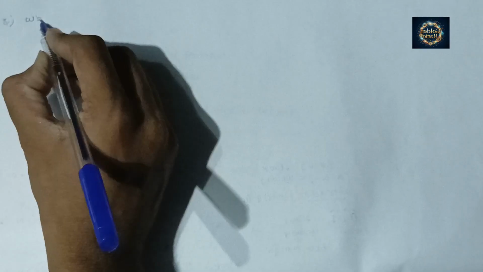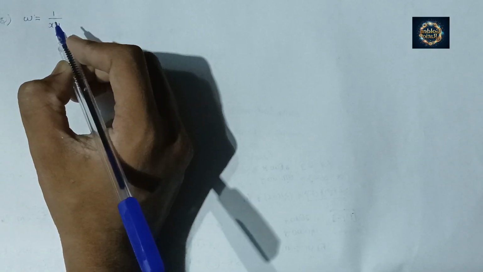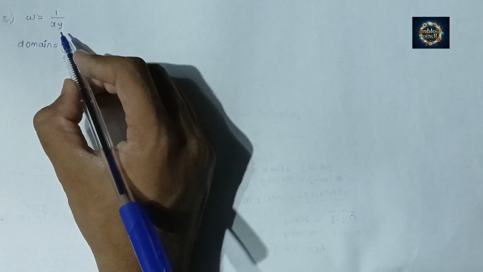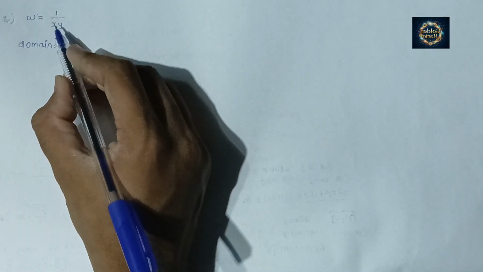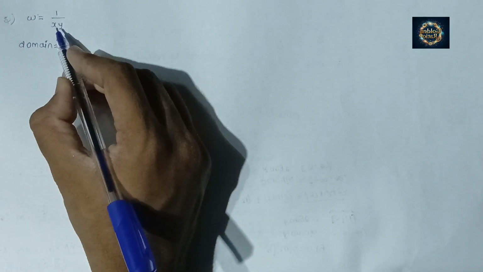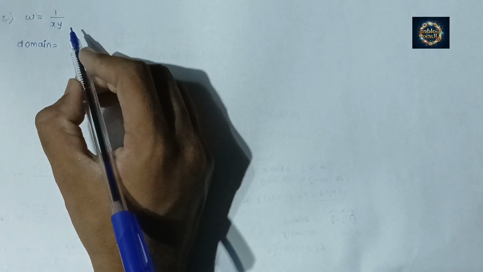The second question in the example part is the function defined as w equal to 1 divided by x into y. When we see the domain of the function here, x and y can take any values on the real numbers, but if the denominator term is 0, the function is not defined.